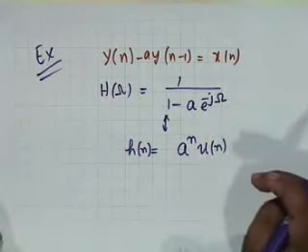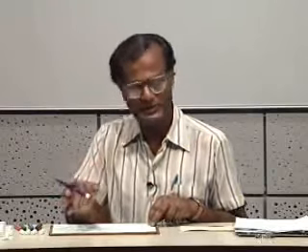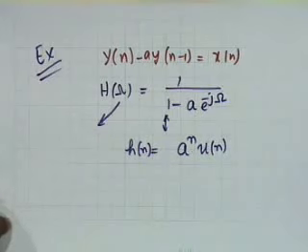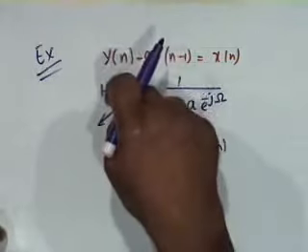In all complicated examples, second or higher order systems, we always break it up. Partial fraction expansion is nothing but breaking up H of omega into a sum of first order systems. That is, we consider a higher order frequency response function as the sum of frequency response functions of first order systems, and then invert term by term.